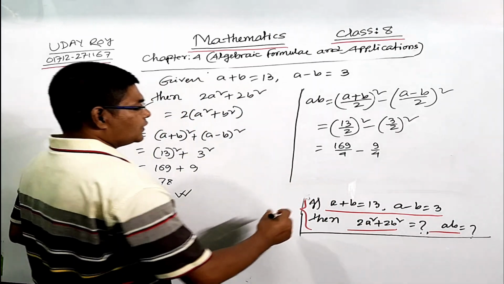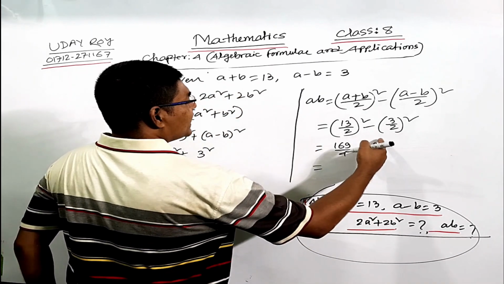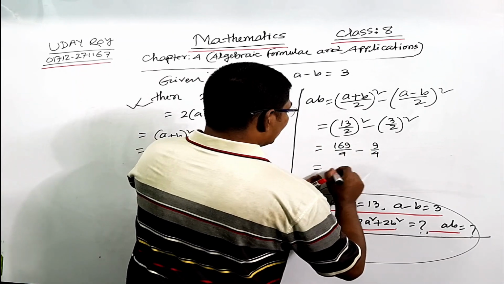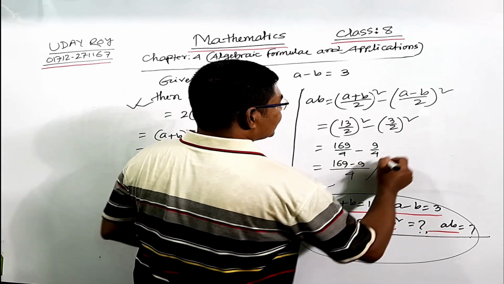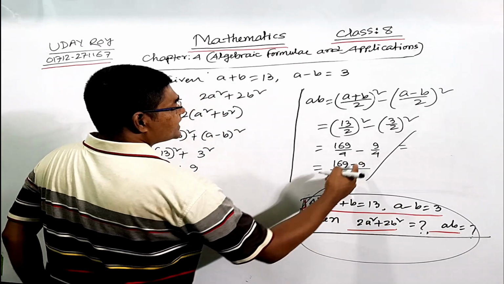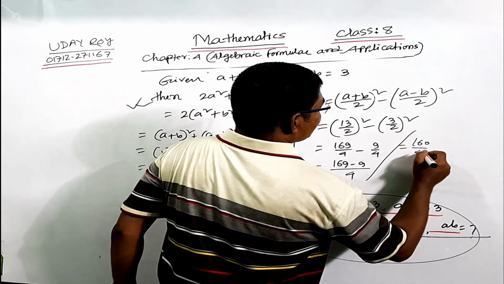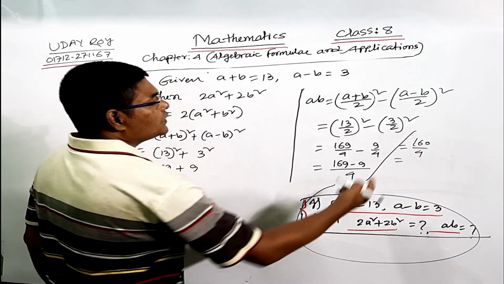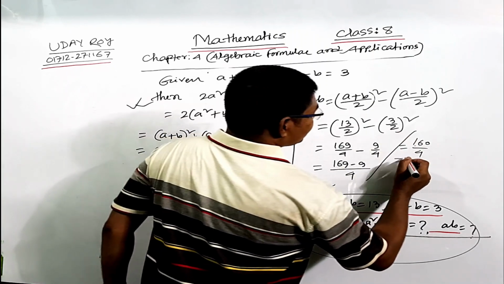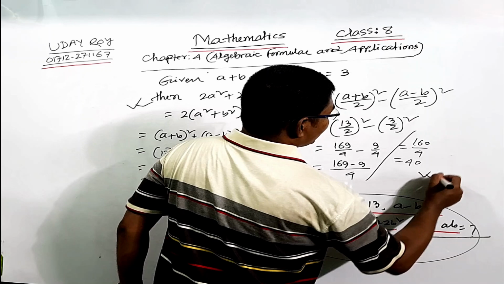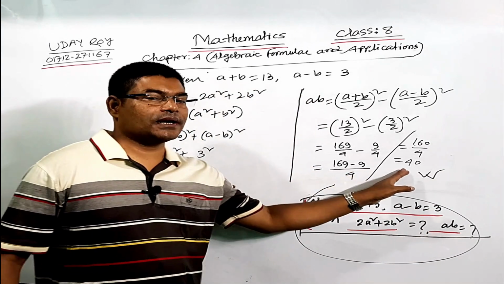Both have LCM 4. So 169 minus 9 divided by 4 gives 160 divided by 4. Cutting it, 160 by 4 we will get 40. So we have got 178 and 40.